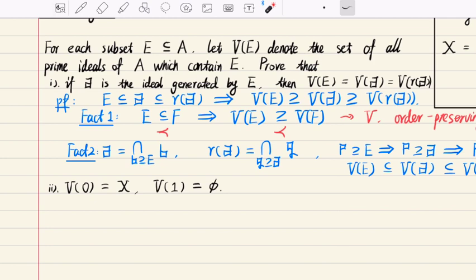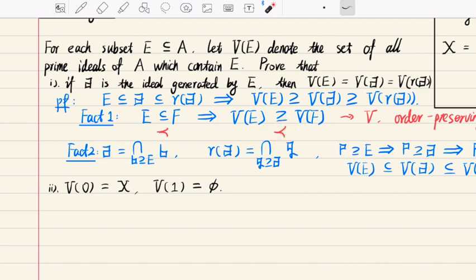So the solution for this question is based on this fact, that V is order reversing, and this fact, that the radical of A is somehow the maximal element of a family of prime ideals with respect to this order.